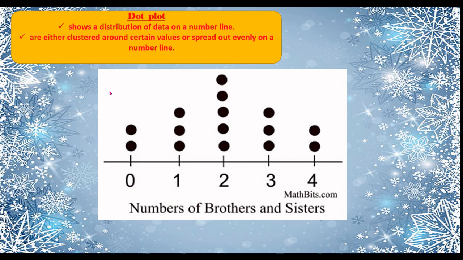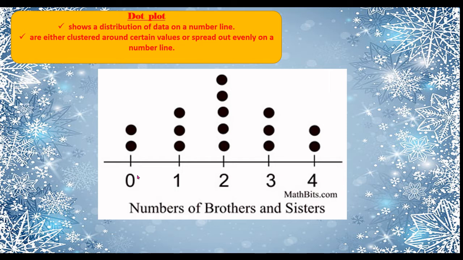So what is the main thing that we can see from our dot plot? We can see whether the data are clustered around certain values or spread evenly on the number line. Here every number has data, so they are spread out evenly.